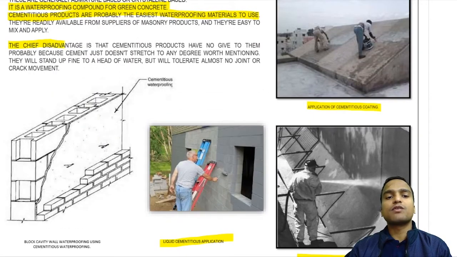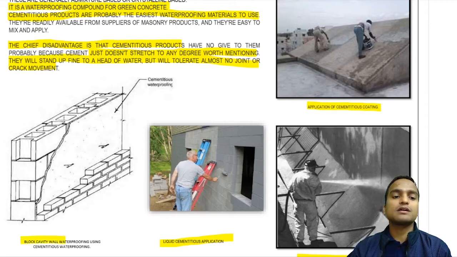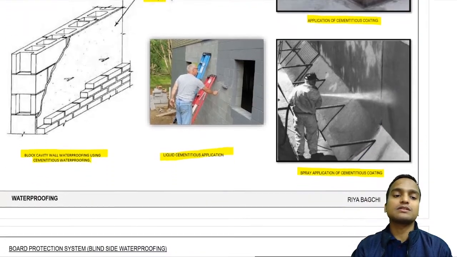And the chief disadvantage in this case of cementitious products is that they just don't stretch to any degree worth mentioning, and they will stand up fine to a head of water but will tolerate almost no joint or crack movement. So this is the case in which block cavity wall waterproofing is done using cementitious waterproofing, but of course it will not resist the crack or the joint movements. So this is the chief disadvantage in this case.